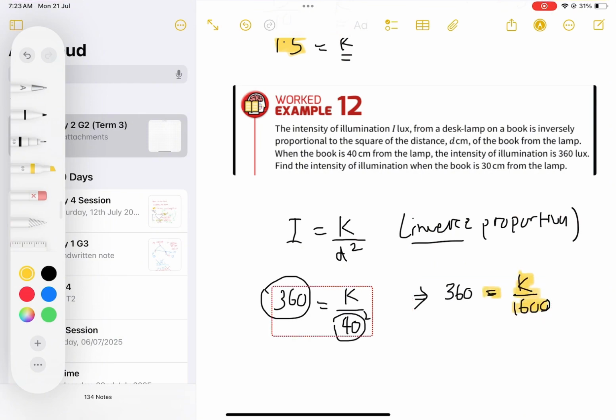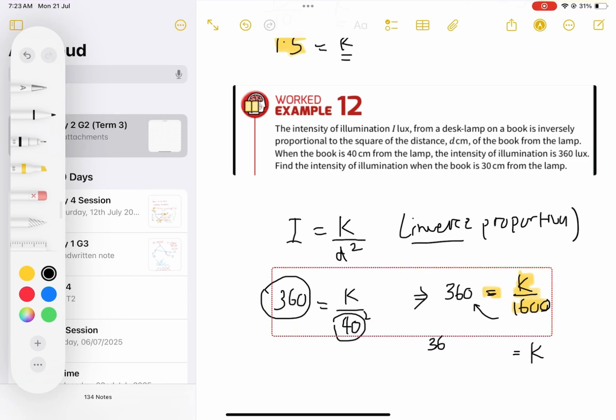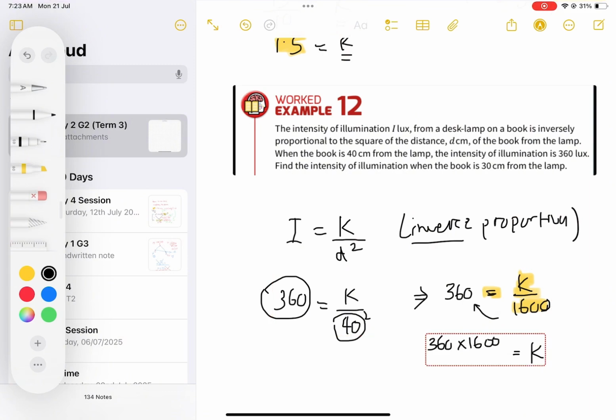So cross multiply happens in this case. You have your answer by doing cross multiply. 1600 times 360. So K is equals to 360 times 1600. The answer will be 576,000.